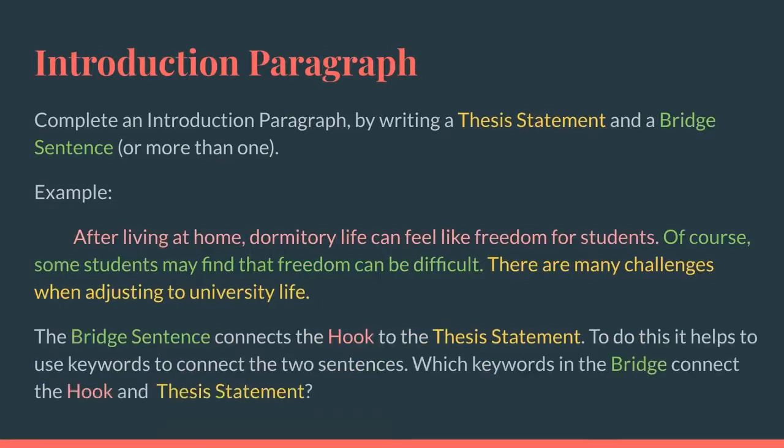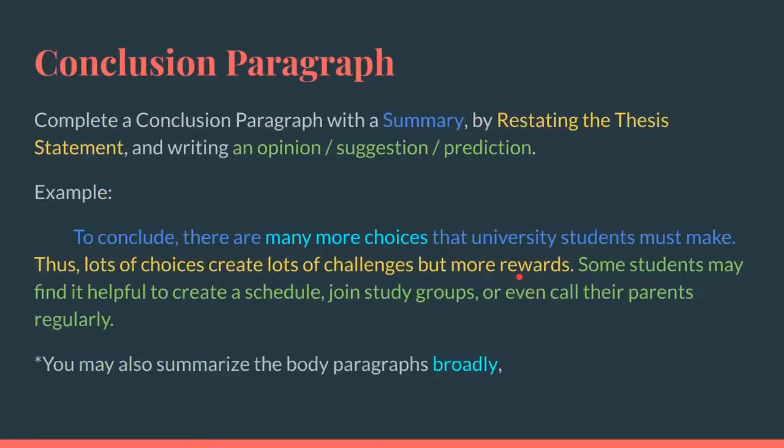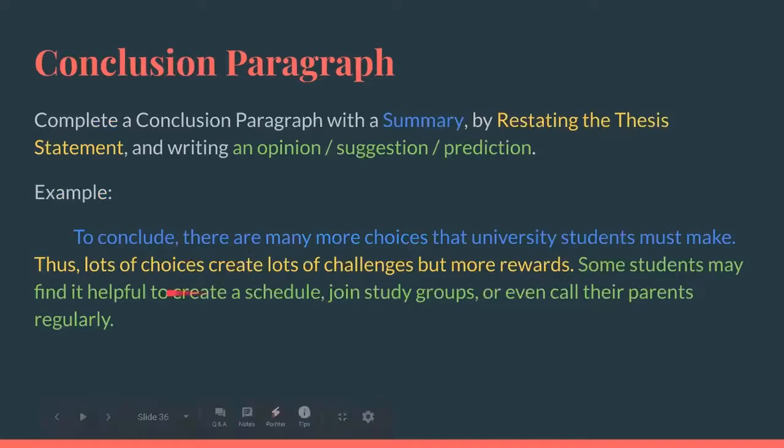So there are many challenges when adjusting to university life. So that's the thesis statement, right? So we look at our conclusion paragraph. Lots of choices create lots of challenges, but more rewards. So I haven't exactly copied, right?